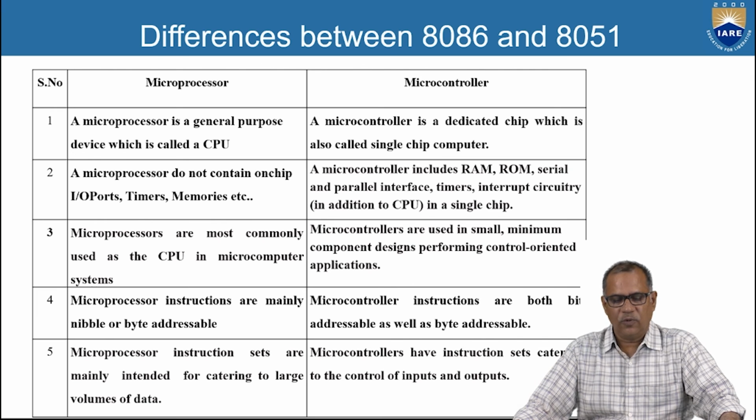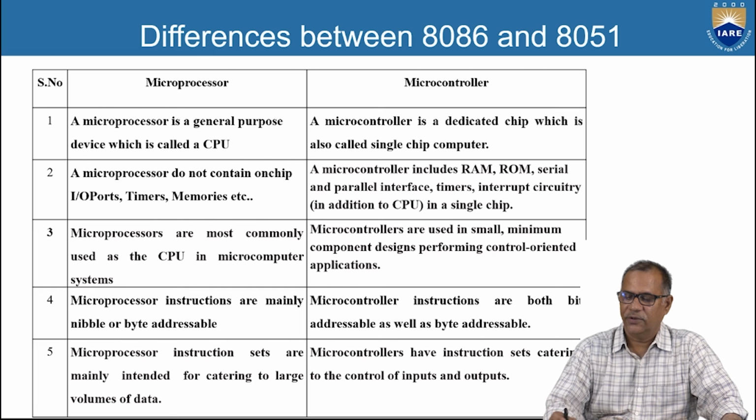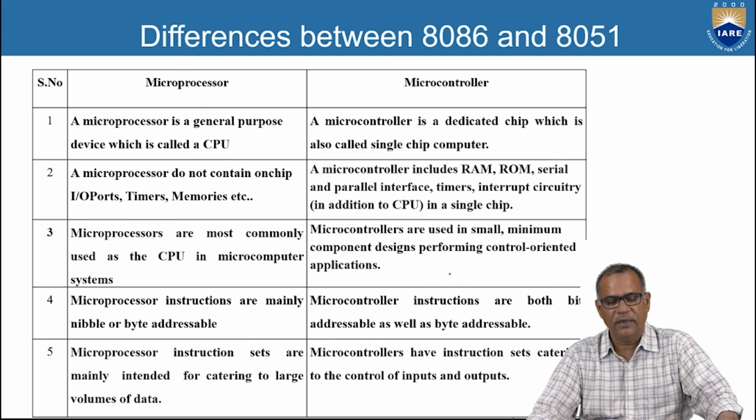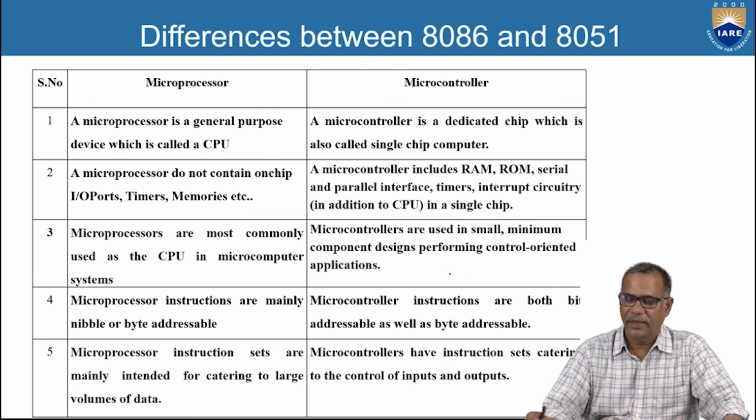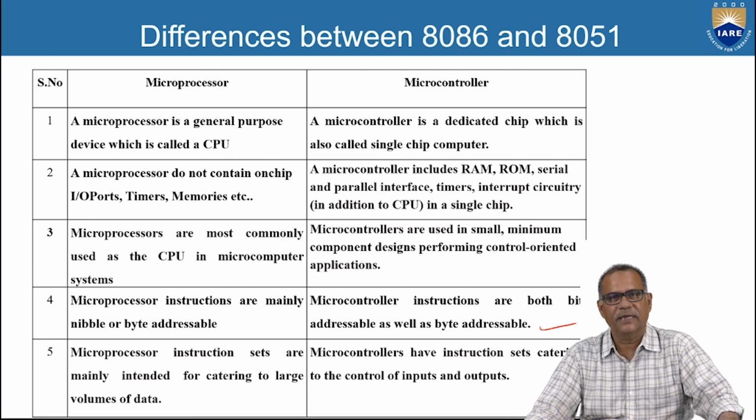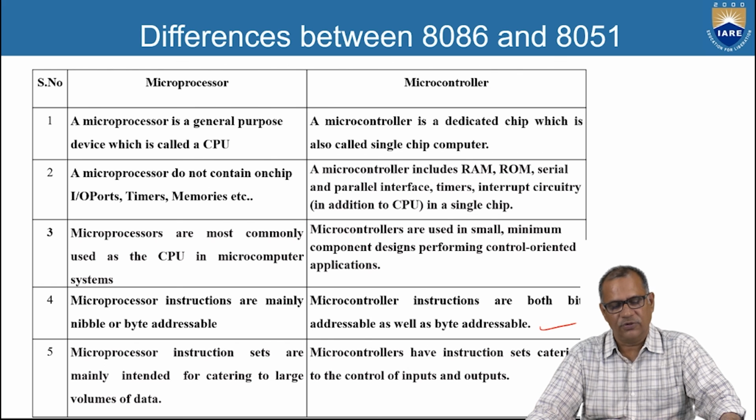Microprocessors are commonly used as a CPU in microcomputer systems, and microcontrollers are used in small, minimum component designs performing control-oriented applications. And microprocessor instructions are mainly nibble or byte addressable, whereas microcontroller instructions are both bit addressable and byte addressable. So you have bit addressing capability as well as byte addressing capability in the case of a microcontroller.